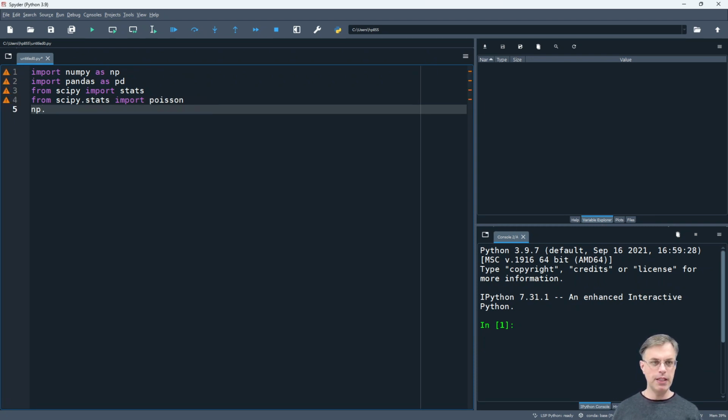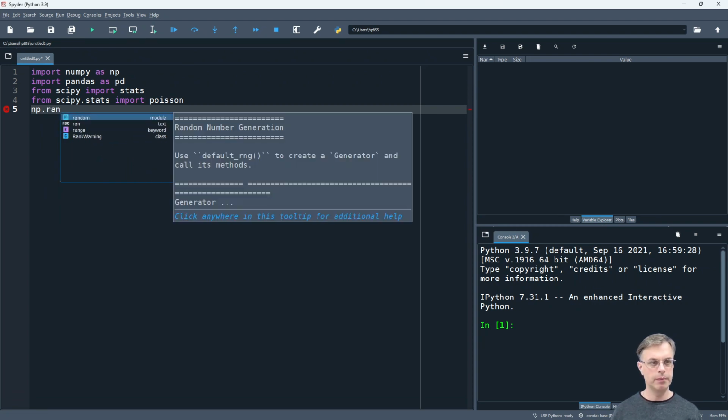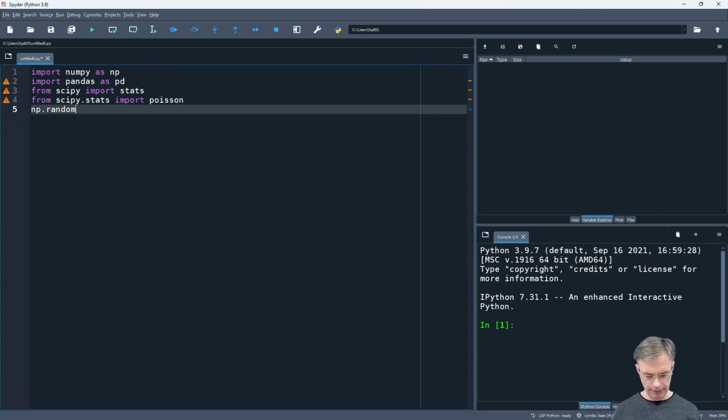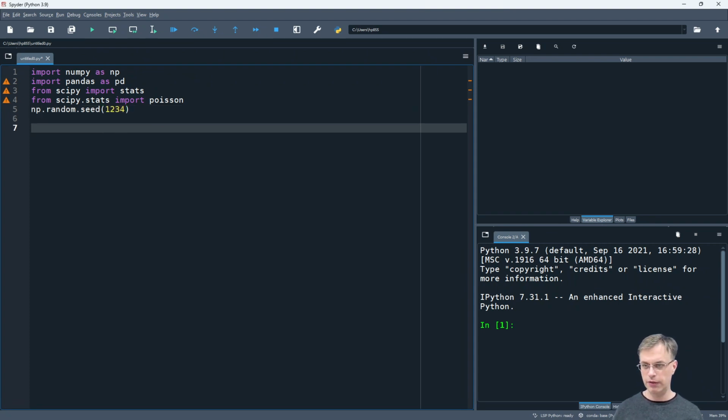And np.random.seed function, and we got 1, 2, 3, 4 here, just as we explained the reason.